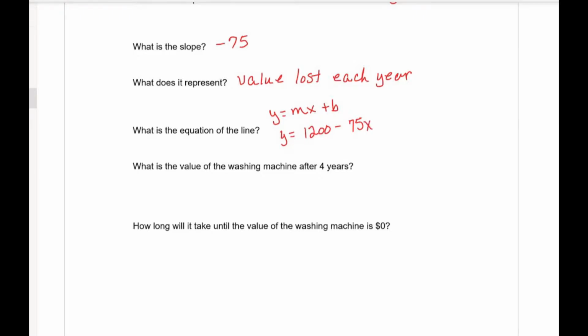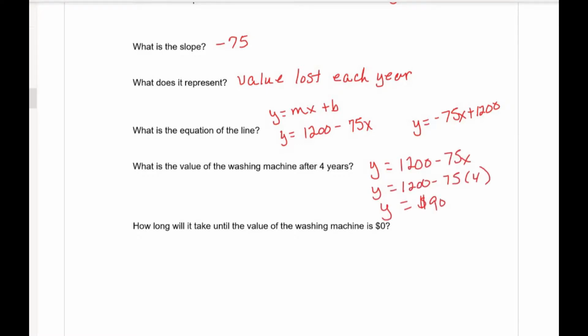I think the answer written this way makes more sense. Now, if you wanted to write it as negative 75x plus 1,200, that's fine. So the value of the washing machine after 4 years, you're going to put 4 in place of the x, and you'll get $900.